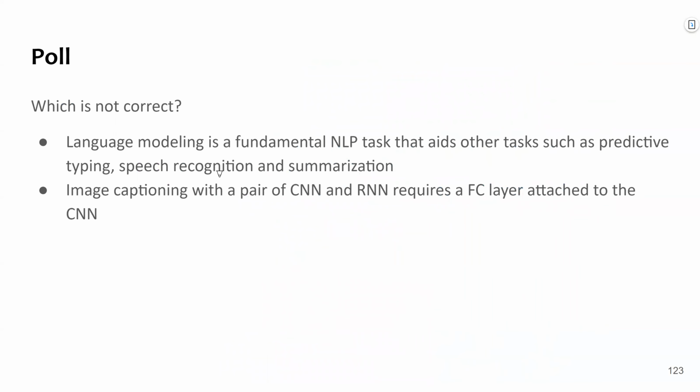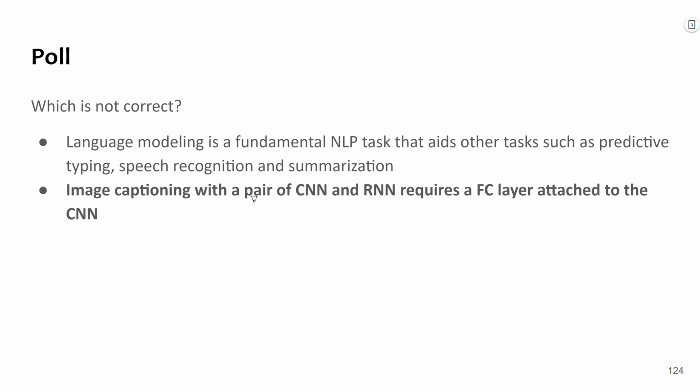Okay, think about this question. And let's check the answer together. What is the answer? The answer is the second one. The first one is correct. Language modeling is a fundamental input task that aids other tasks such as predictive typing, speech recognition, and summarization. The second one is somewhat ambiguous. However, image captioning with a pair of CNN and RNN requires an FC layer attached to the CNN.